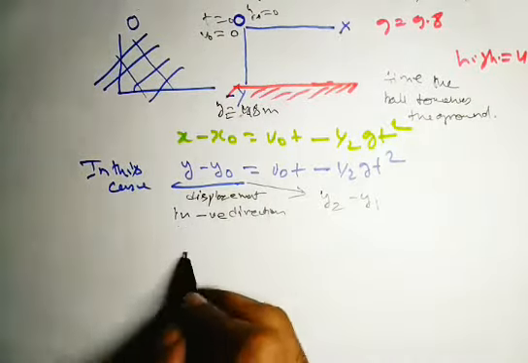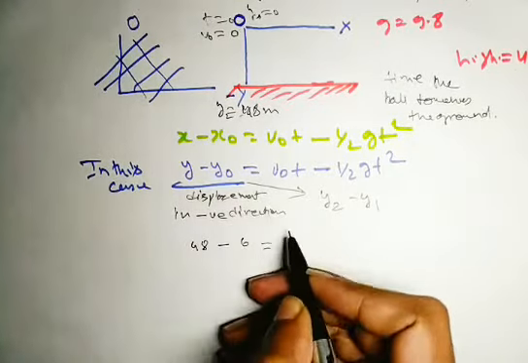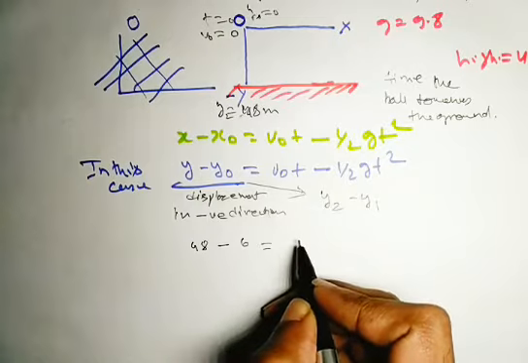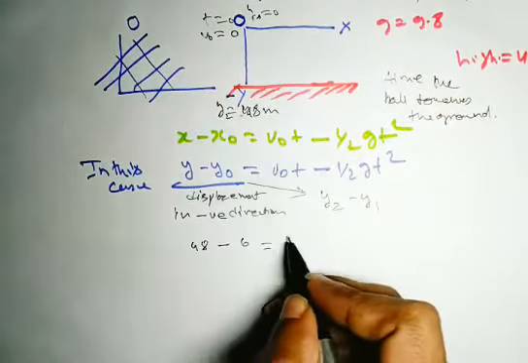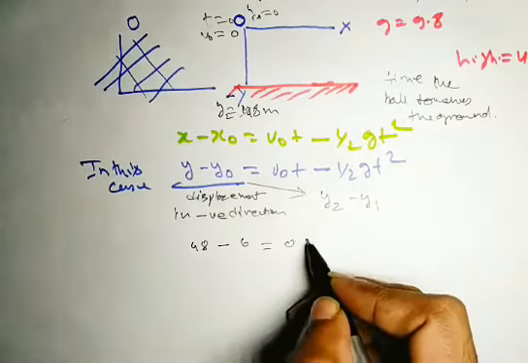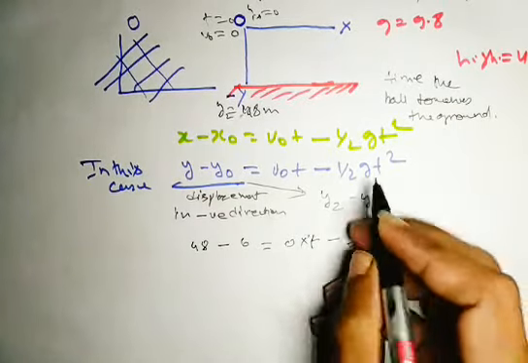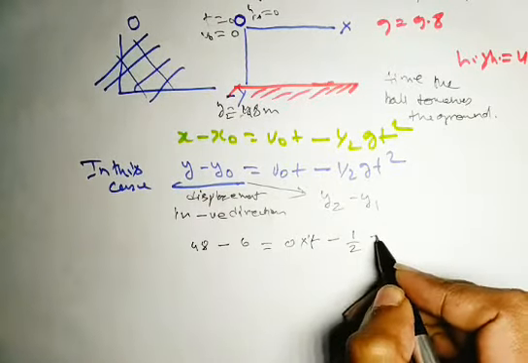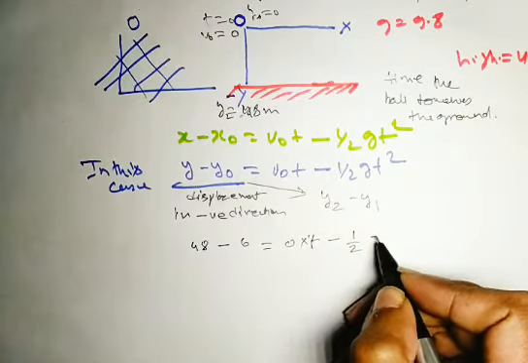So y equal to 48, y naught is equal to 0, and v naught, the initial velocity, is equal to 0. We have to find t, multiplied by t minus half g.